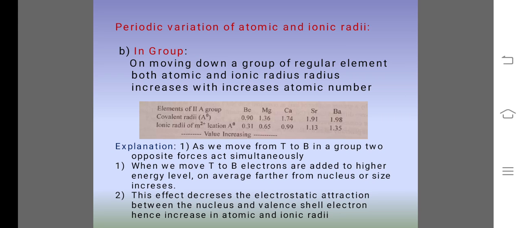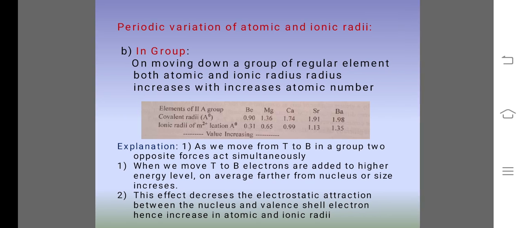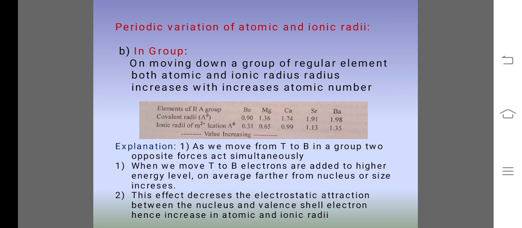When we move from top to bottom, one shell is added extra. It means that the electrostatic attraction force between the nucleus, or positively charged protons, and the outermost electron decreases due to distance, because the distance is so far. So if the distance is more, then the attraction force is also less, and that's why the radii are also more.